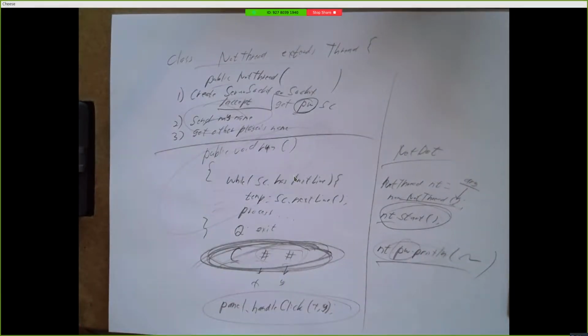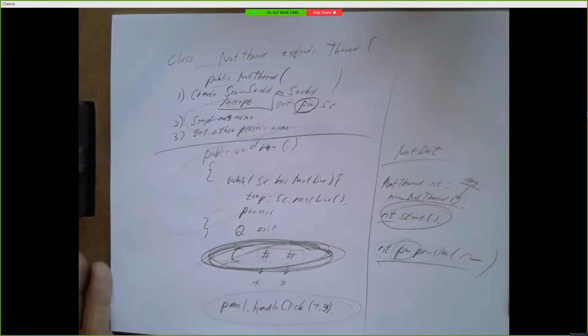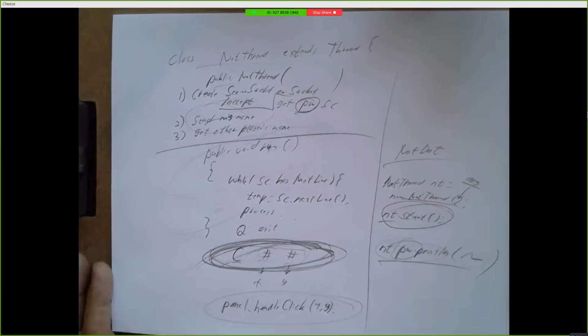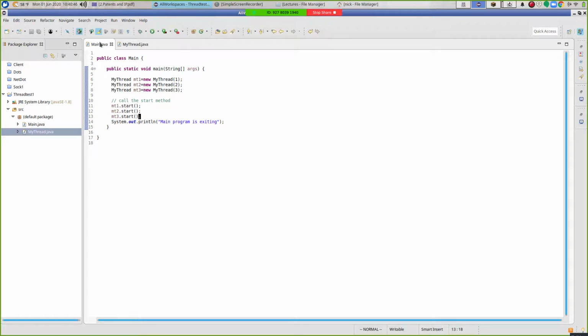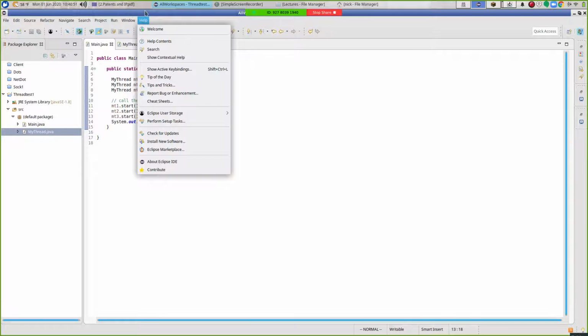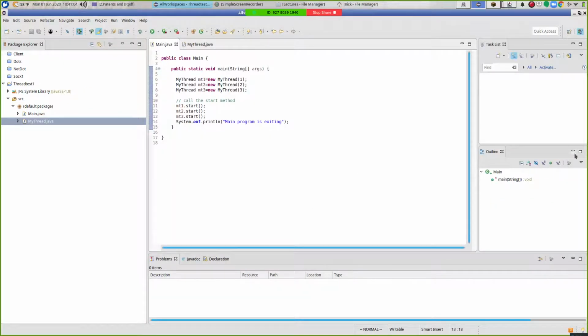All right, cool. Other questions? So if you mess up Eclipse like I did, where my console window is kind of weird, you can go to Window, Perspective, and say Reset Perspective, and it'll bring you back to your starting look and feel.